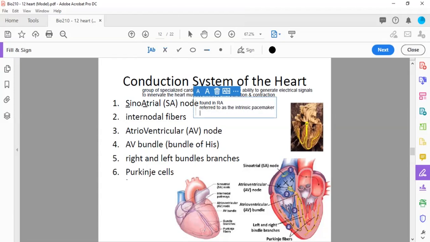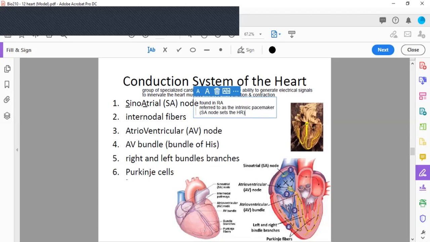What that means is that the SA node generates or sets the heart rate, in the sense that it produces the number of electrical signals to innervate the heart muscles.